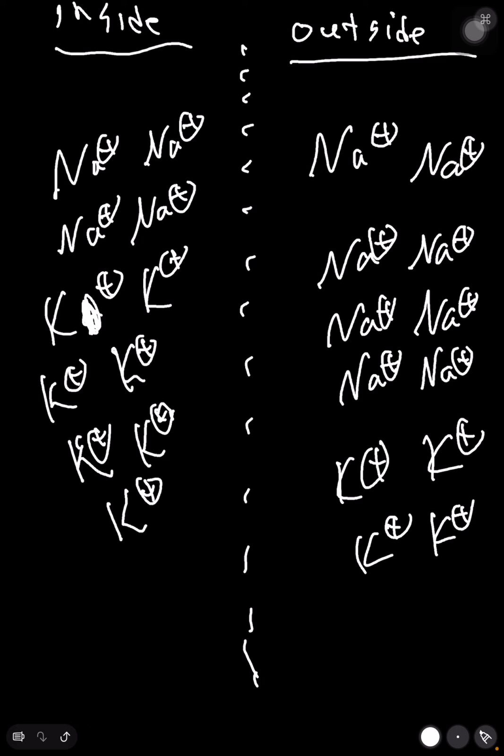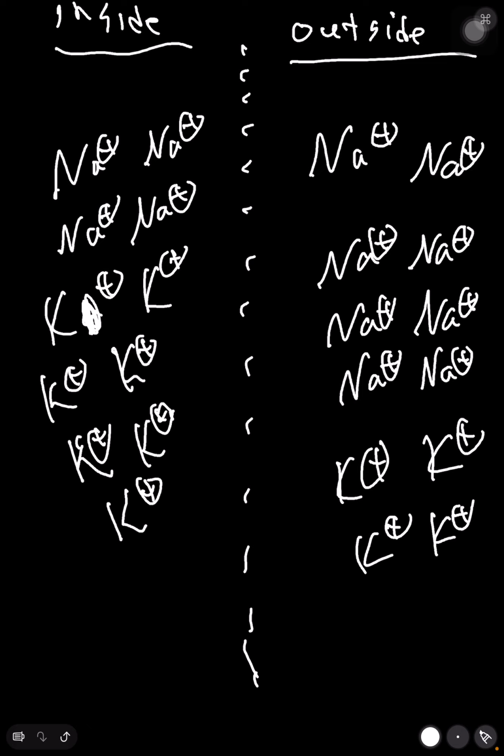Okay, so basically what's happening is you can see there's a concentration gradient for both sodium and potassium, right? On the outside of the cell, you have a higher concentration of sodium than you do on the inside. Conversely, you have a higher concentration of potassium on the inside than you do on the outside.